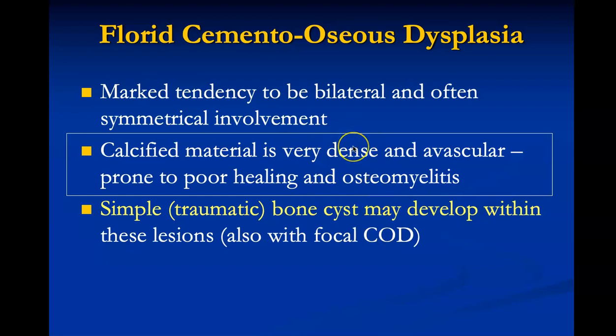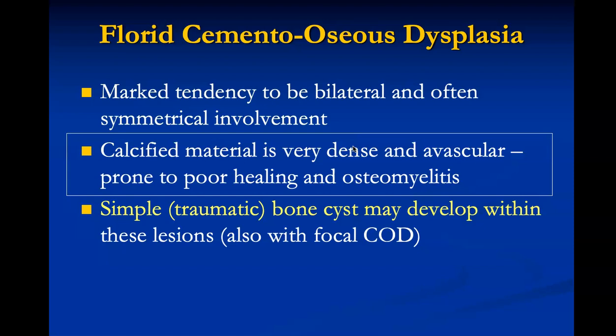The key thing to remember about the cementoosseous dysplasias, and actually fibrous dysplasia for that matter, is that because the bone becomes so sclerotic, it doesn't have a lot of vasculature, and so it's prone to poor healing and therefore osteomyelitis.